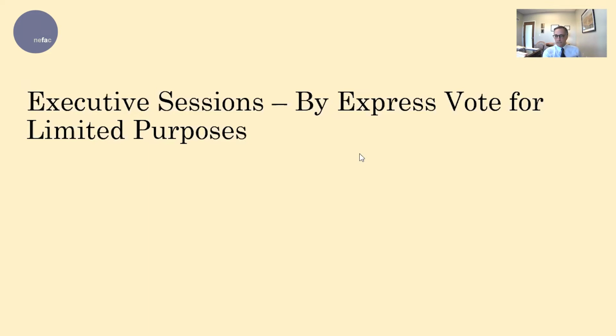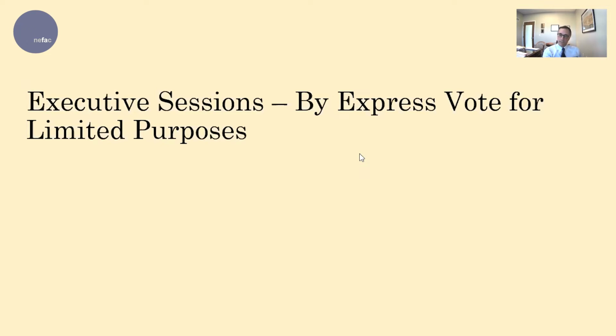Things are, of course, very different if it's an executive session. And that's when the board has the right by statute to basically close the door and to deliberate and in some cases vote, but mostly deliberate or discuss matters that by statute are exempt from public disclosure.